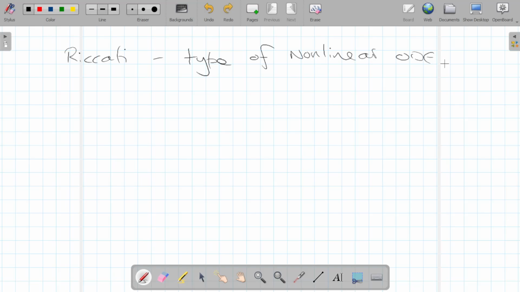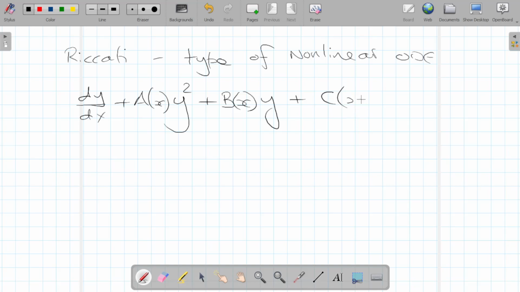All right, and they usually take the form of dy by dx plus a of x, that's just some function of x, multiplied by y squared, plus another function of x, b of x, times y, plus another function of x, which we'll call c of x.